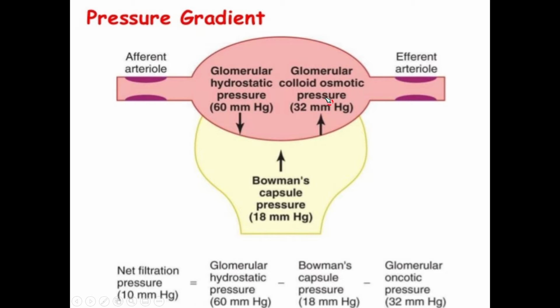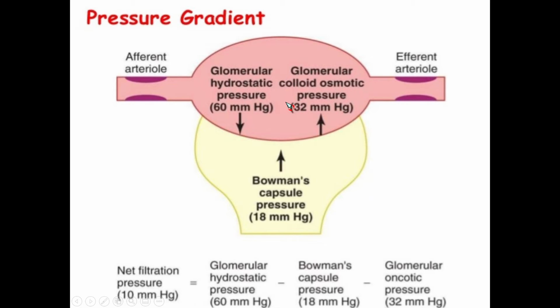So initially, when the constriction is less than one-third, the GFR is increased. And when the constriction is more than two-thirds, then due to the accumulation of more and more proteins over here, your GFR is going to decrease.